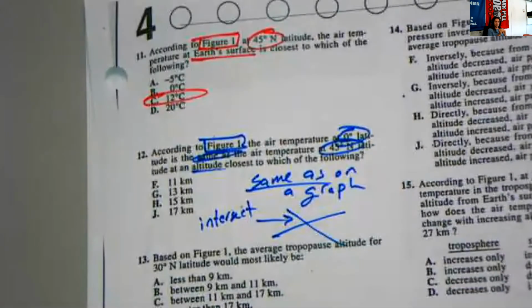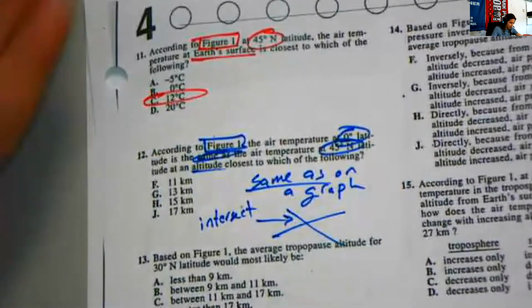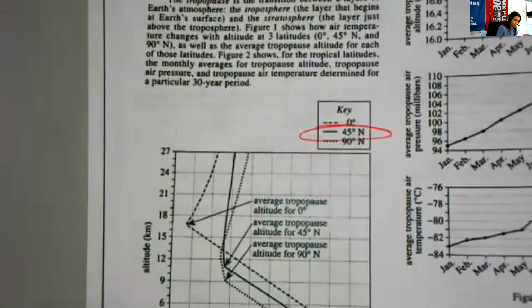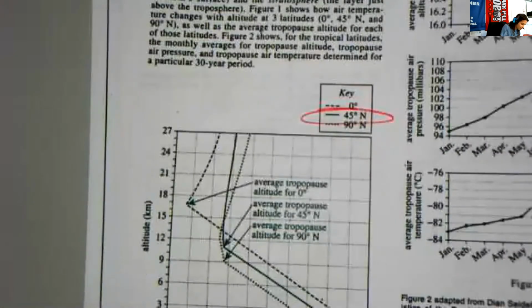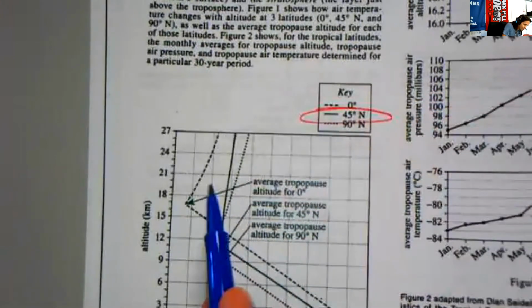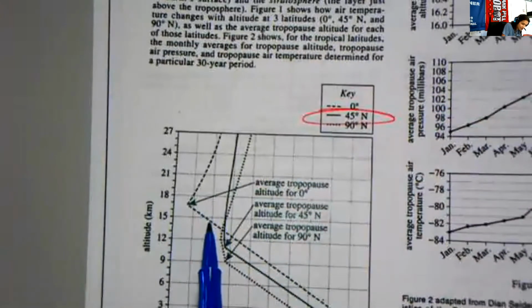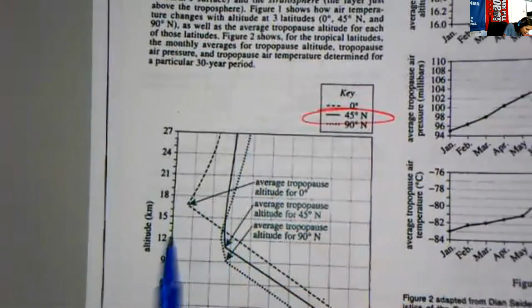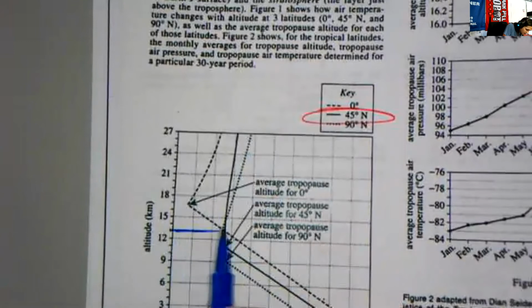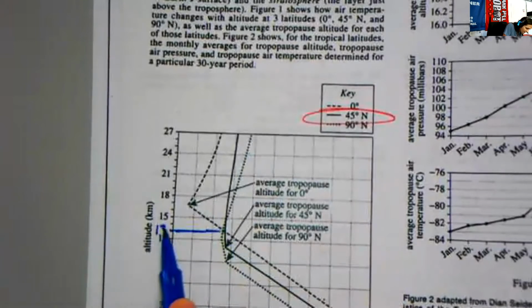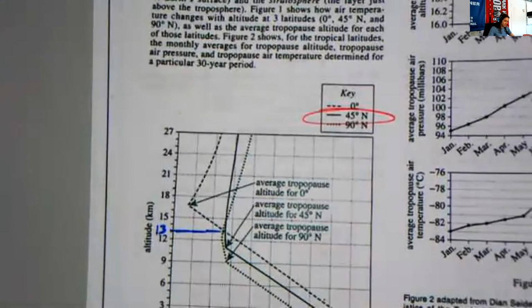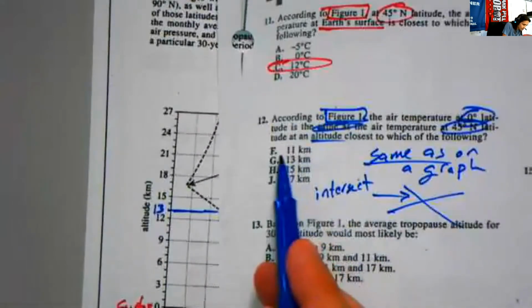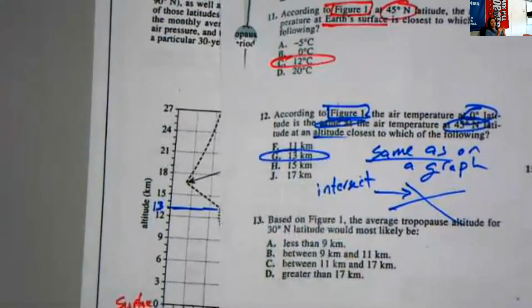If we are ever talking about the same as on a graph, it means that they cross there. So really we're asking, when do the 0 and 45 lines cross? Here's 0, long dashes. Here's 45, solid. Where do they cross? They cross right here at about 13 kilometers. Answer option G. Please make a note, intersections is what it looks like if they are the same.